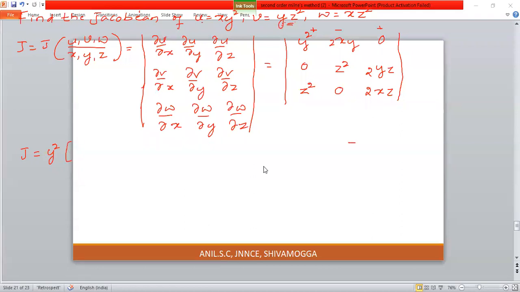We get a 2 cross 2 determinant like this: z square, 2yz, 0, 2xz. Left top to right bottom, z square into 2xz is 2xz cube.